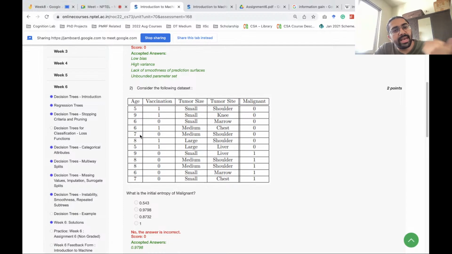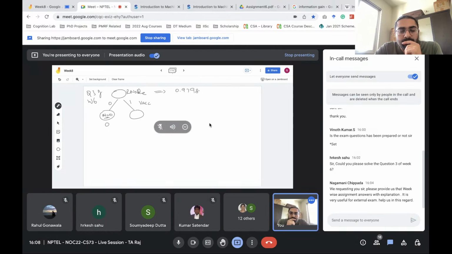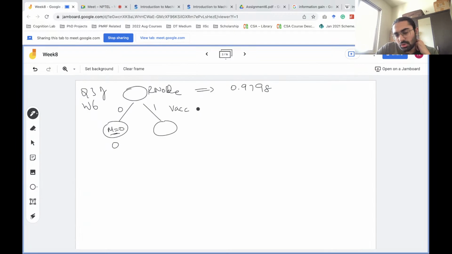If you see here, age, vaccination, tumor site, all of these are features that you have, and you're trying to predict whether the tumor is malignant or not, whether it is life threatening or not. So basically, you'll calculate entropies or whatever measures you have based on the target variable, and here the target variable is whether it is malignant or not.